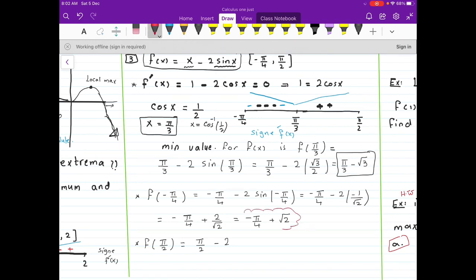The maximum value for the function, is it this point or this one? Think about which one you can choose. So the maximum value for f(x) is here, and the answer is A and B.